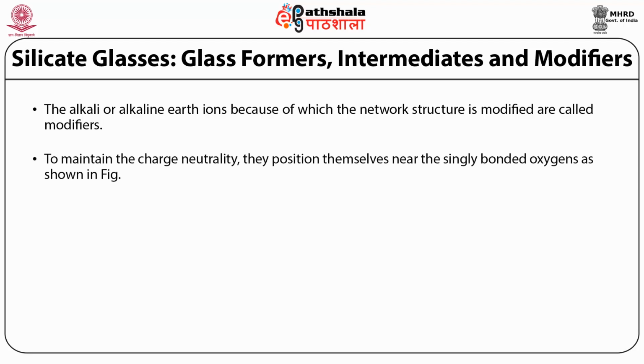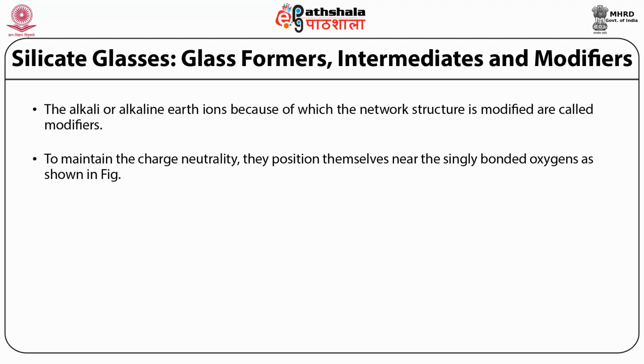To maintain the charge neutrality, they position themselves near the single bonded oxygens which are shown in this figure. So this figure shows the location of the network modifiers in the silicate glasses. You can see that the hollow circles, or the open circles, are oxygen, whereas the solid circles are silicon.